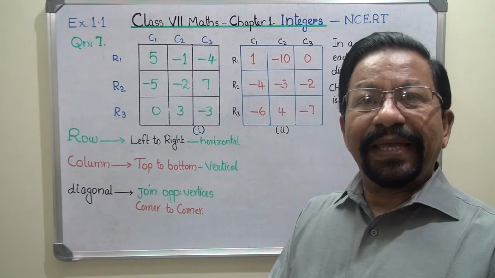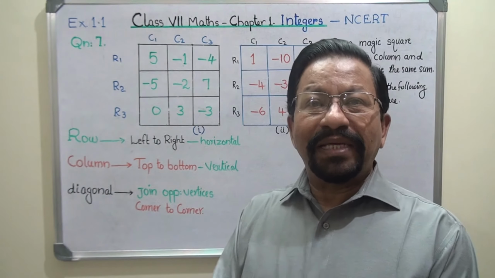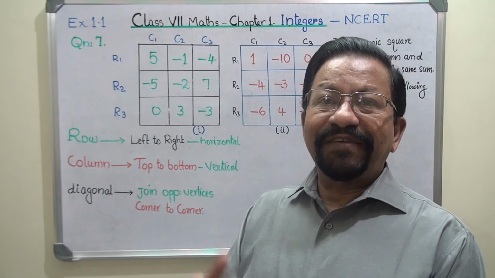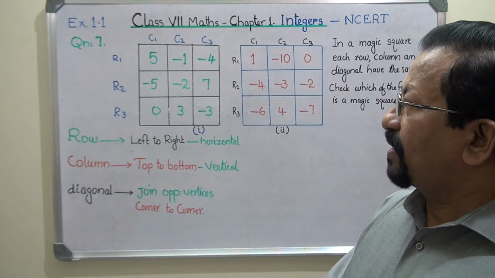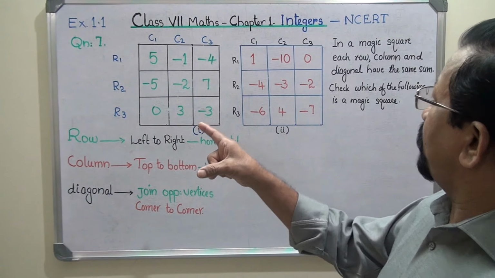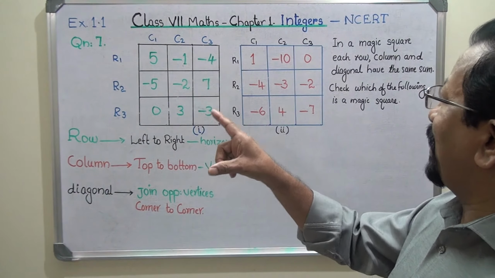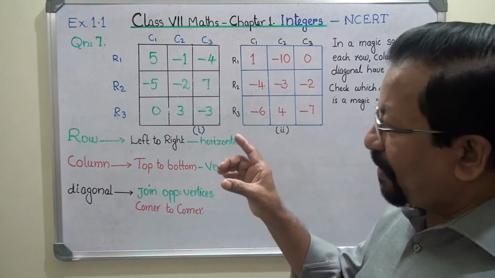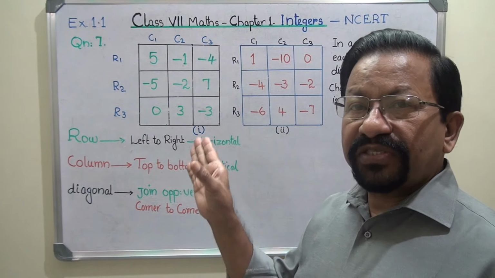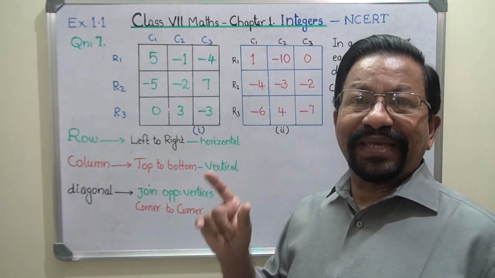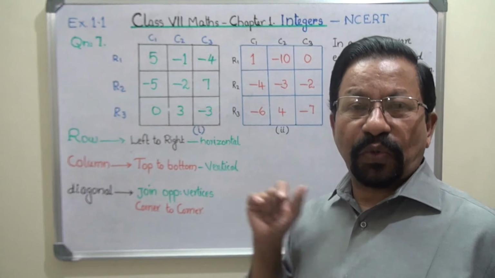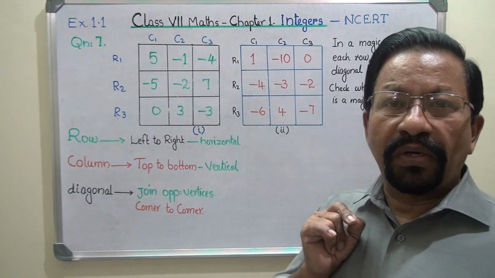What is a magic square? A magic square means if integers are marked on that magic square, the sum of each row, the sum of each column, and the sum of each diagonal should be the same. Then only we can say it is a magic square. What is a row?